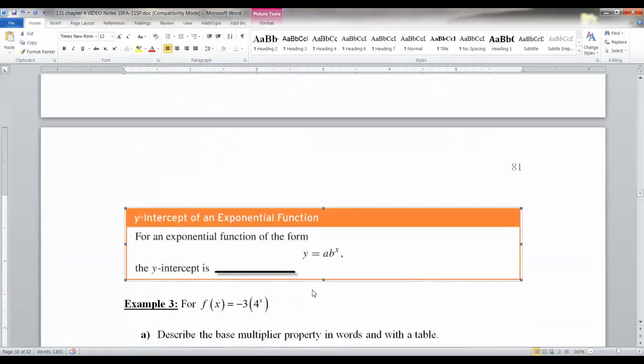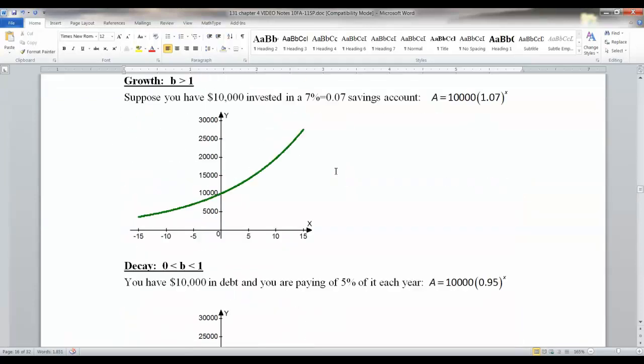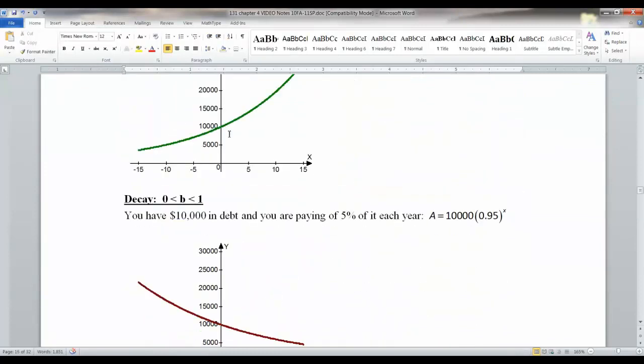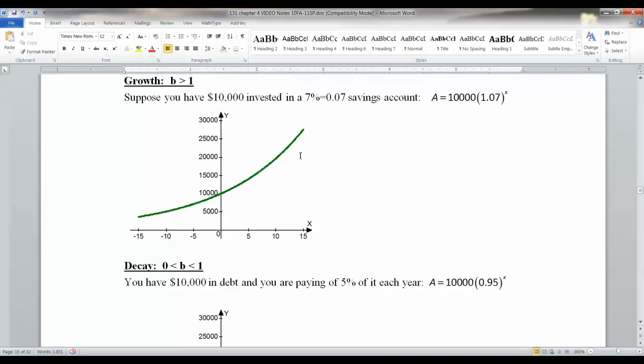All right, now let's look at the y-intercept. When you have a function that's a times b to the x, then that automatically means that the y-intercept is, do you know it? Should. We've seen it a couple places. Well, here, I saw it right here. Look where those graphs are hitting. 10,000, right? Because look at your value right there, 10,000.